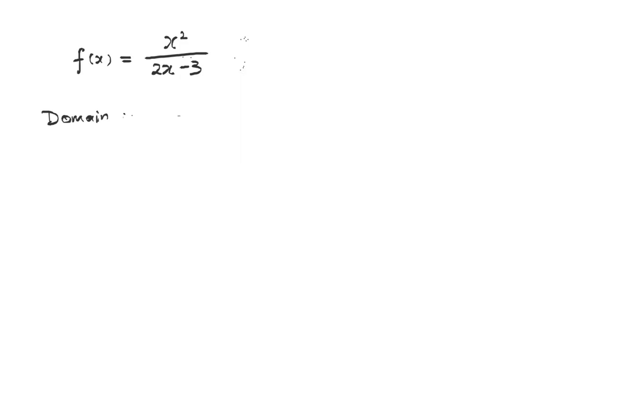Please. It's a rational function, correct? So zoom in. What must I say? X is a member of real numbers, and 2x minus 3 cannot be equal to 0. This is the first thing that you must do.